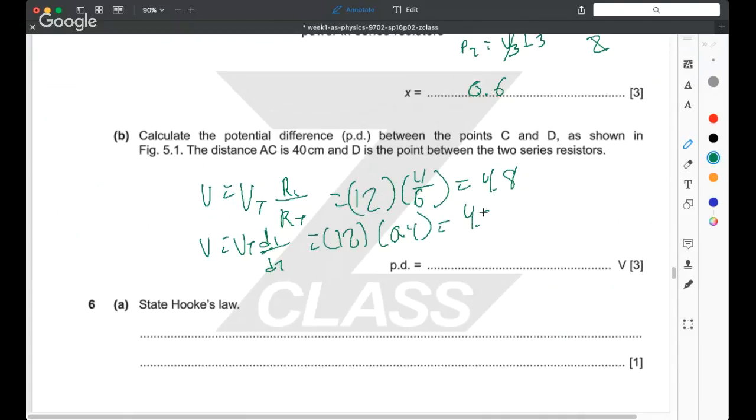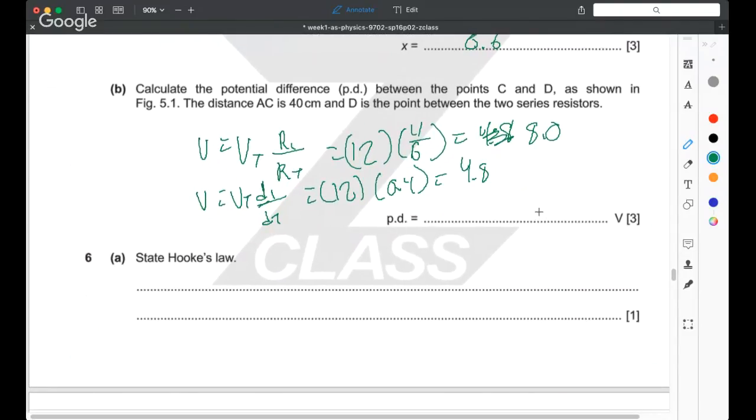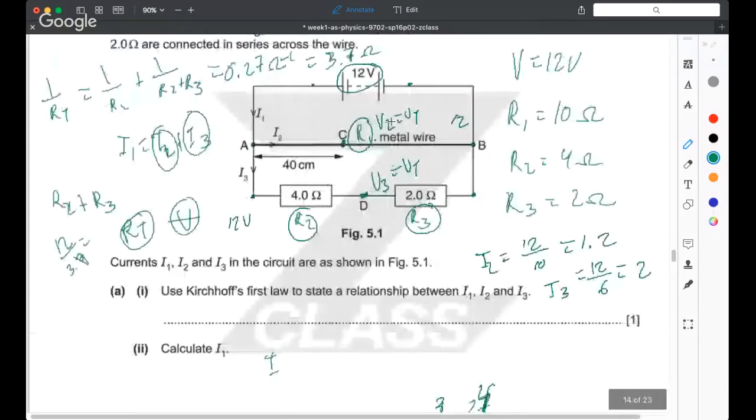So this is 4.8 and this is 8.0. And the only thing you have to do in these cases is to take them away. So 8 minus 4.8 is 3.2. That's the only thing you have to do between these 2 points.